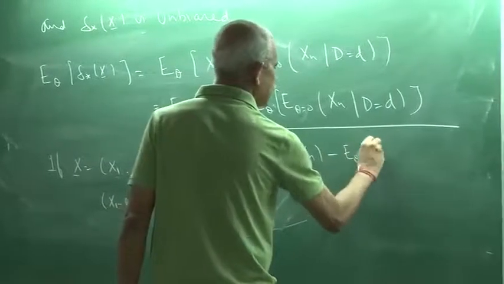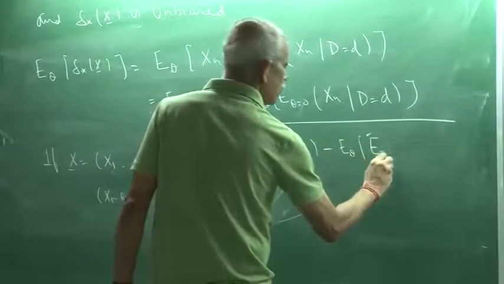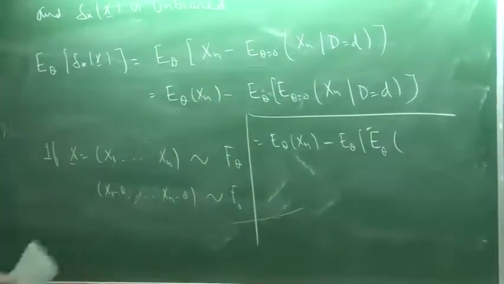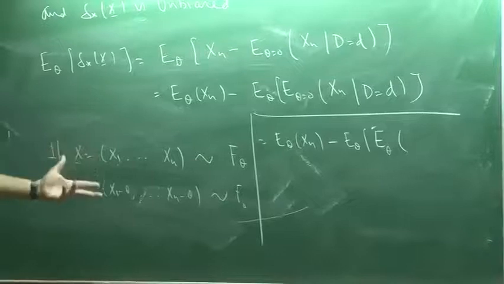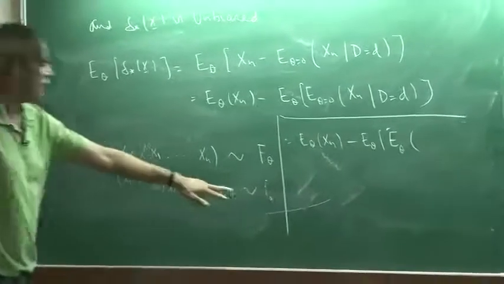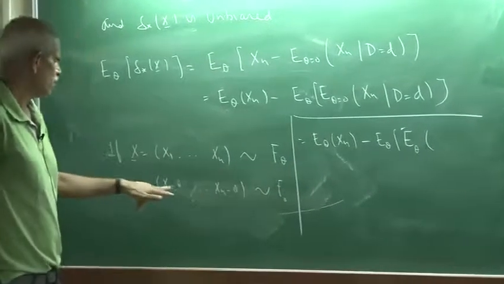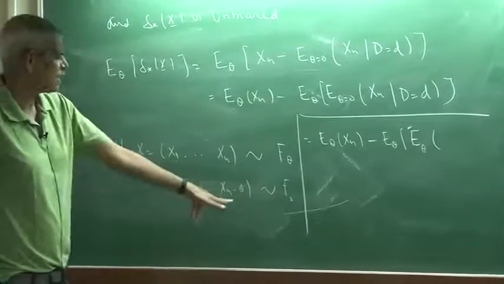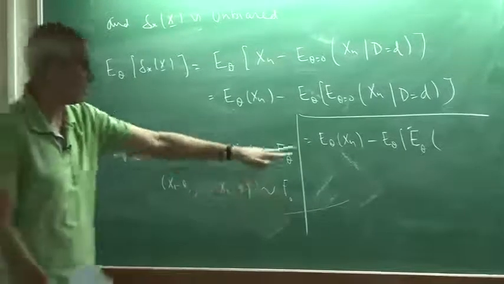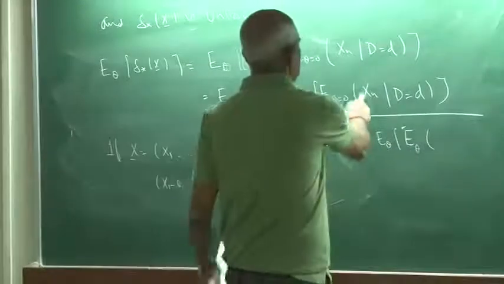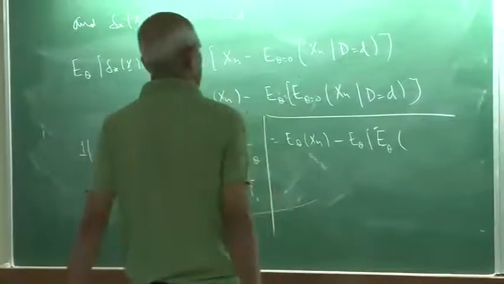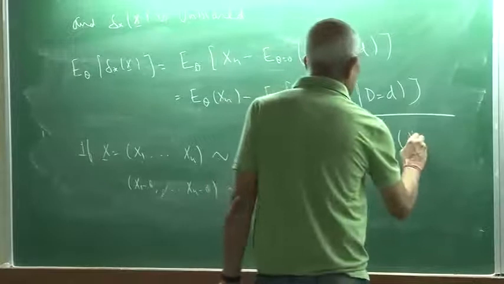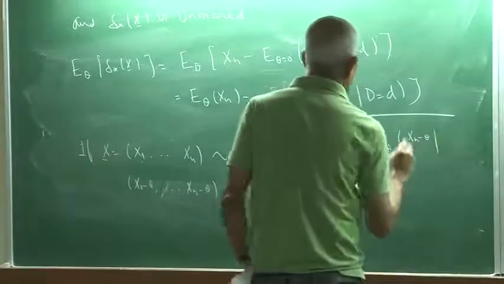I am changing E theta equal to 0 to E theta. Because under E0 I have x1 minus theta, ..., xn minus theta, I change it to E theta and replace each xi by xi minus theta. So xn is replaced by xn minus theta, that is okay.